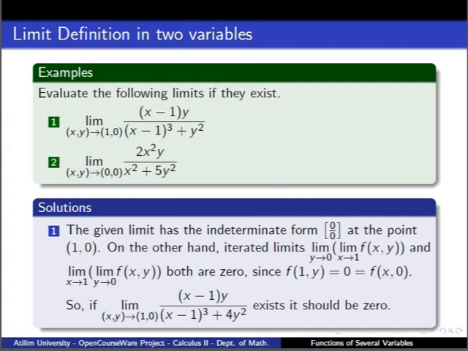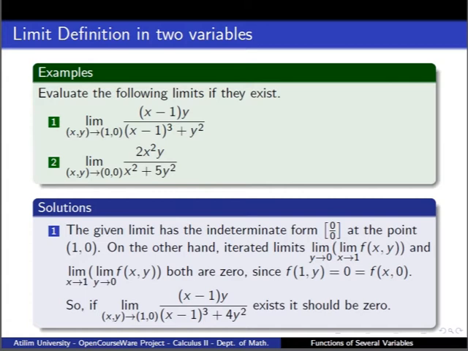And in this case, if we use the iterated limits, first x goes to 1, we take the limit of f as x goes to 1, and then the outer limit, that's y goes to 0. Then the second iterated limit is obtained by replacing those limits.